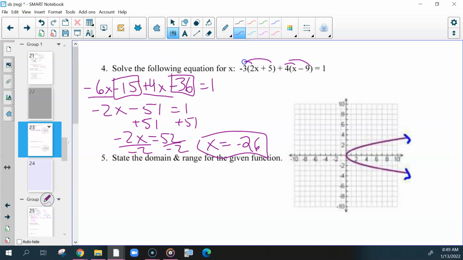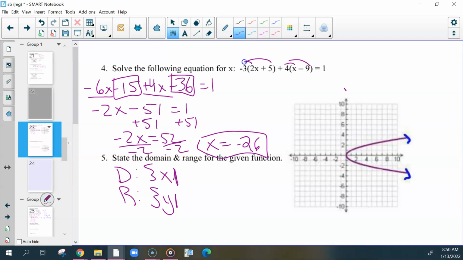And for the domain and range, those need to start off with curly brackets, x or y with a line. For your domain, that one has a starting place. Caleb, are you going to answer that?